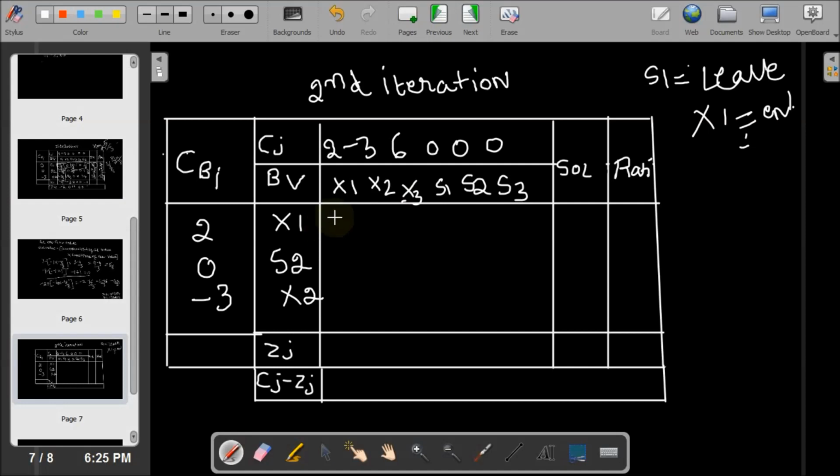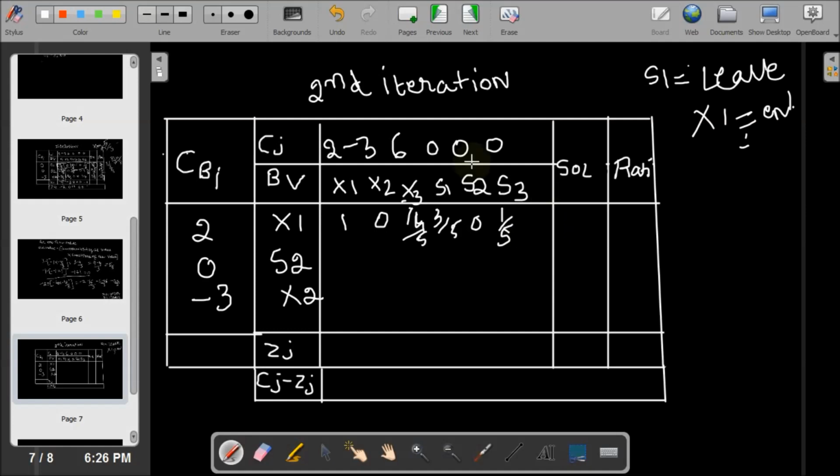Now 1, 0, 14 by 5, 3 by 5, 0, 1 by 5. Sorry for the handwriting.